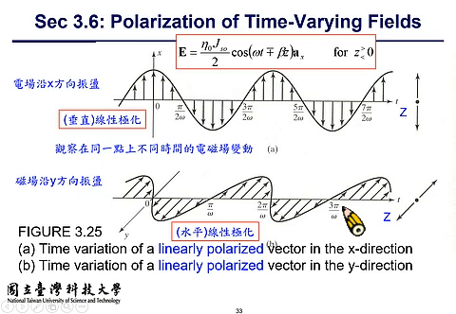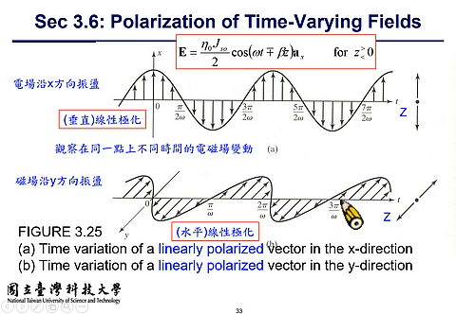So as the figure suggests, the magnetic field is also vibrating on a line, which happens to be the y direction in this case. So for a linearly polarized electrical field, the associated magnetic field is also linearly polarized, which means it also stays in the same line.